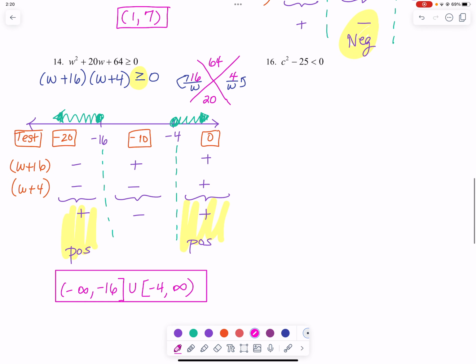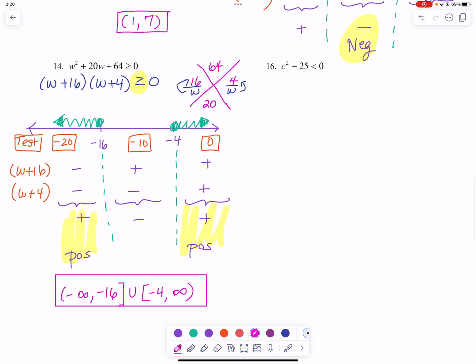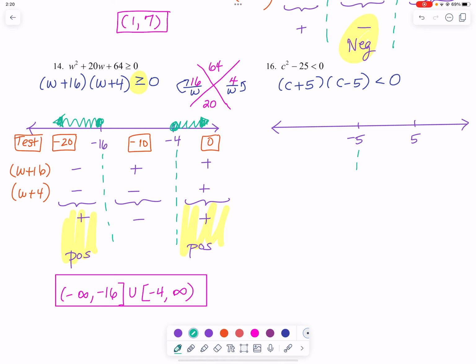Okay, looking at number 16, as you can see, we have a difference of squares, so (c + 5)(c - 5) is less than 0. So we have our boundary points right away as -5 and positive 5. And we will create our chart again.